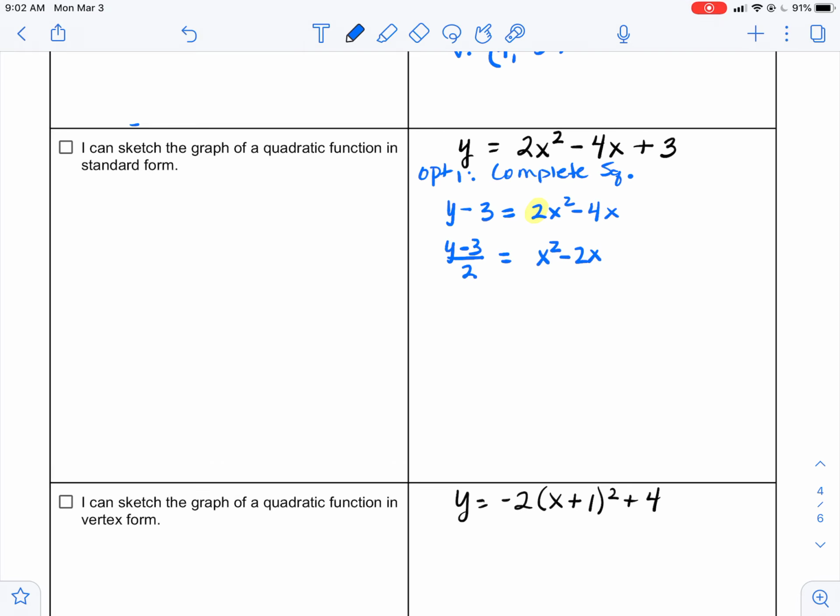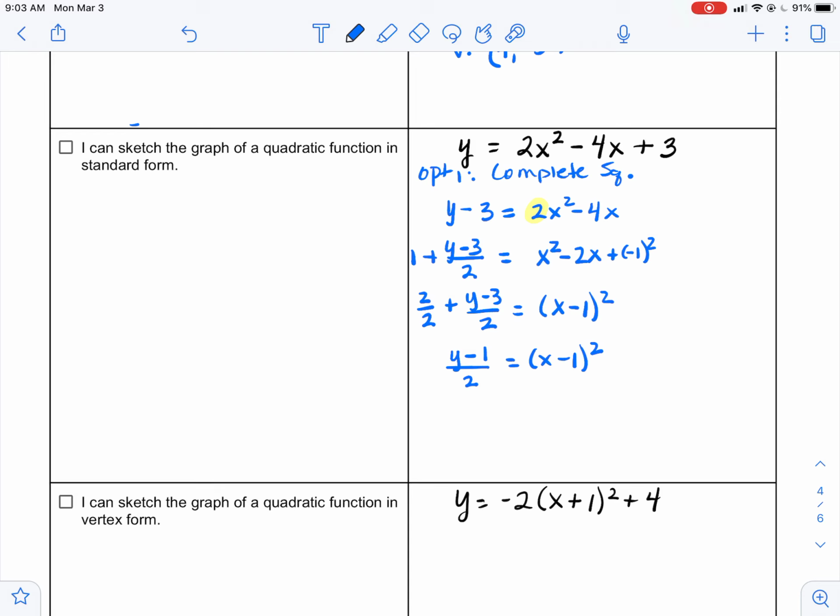Half of negative 2 is negative 1, and negative 1 squared, okay, would be a positive 1. Okay, now what I would do is go ahead and write this as 2 over 2. And therefore this side is going to be y minus 1 over 2. Make sure I got that right. Okay. And then I'm going to factor x minus 1 squared.